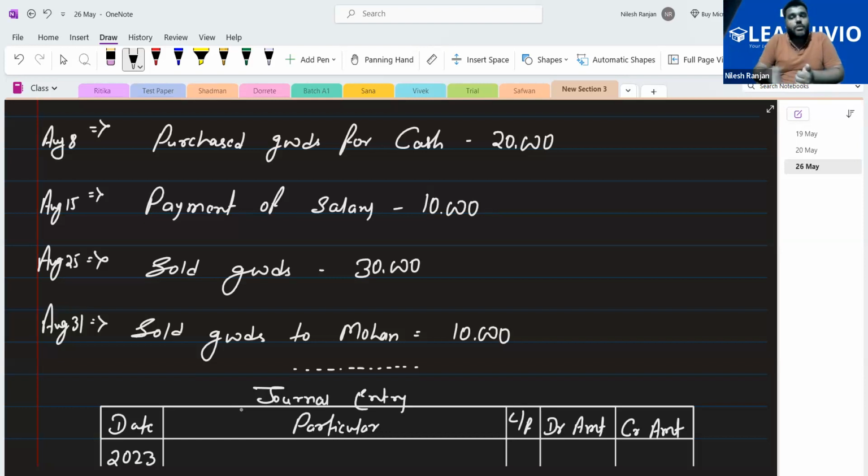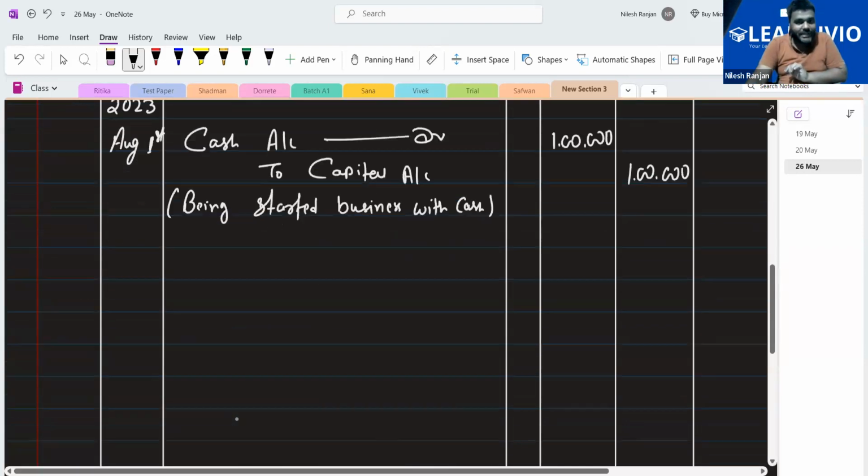Which rule are you applying? I think this one is easy. Purchase part is the easy one, but you should tell me which rule we are applying. Okay, you know the journal entry for every transaction, but you are not applying the logic.